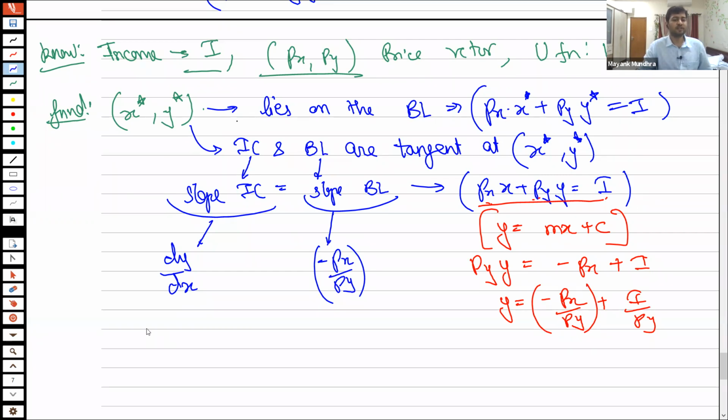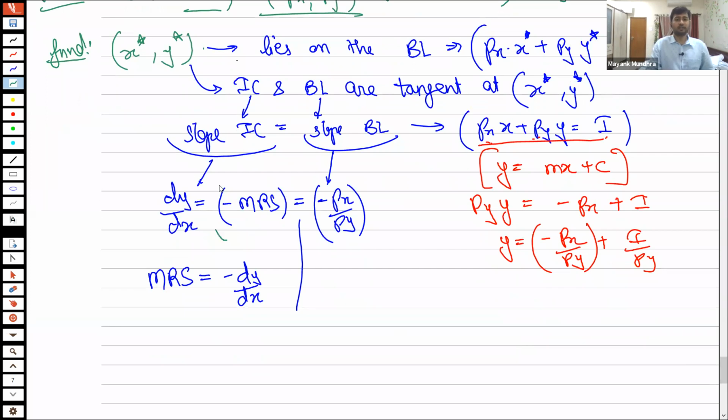Now regarding the slope of the indifference curve, we had already established that MRS is equal to minus dy by dx. So the slope of the indifference curve, which is dy by dx, will be equal to minus MRS. So finally, we get minus MRS equals minus Px by Py.